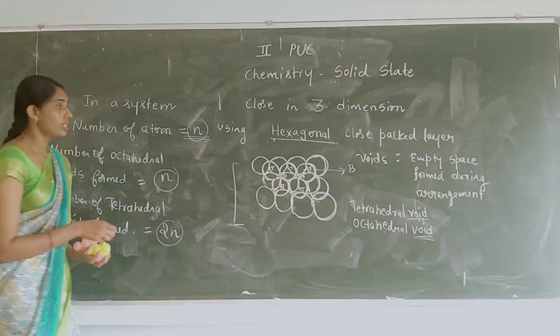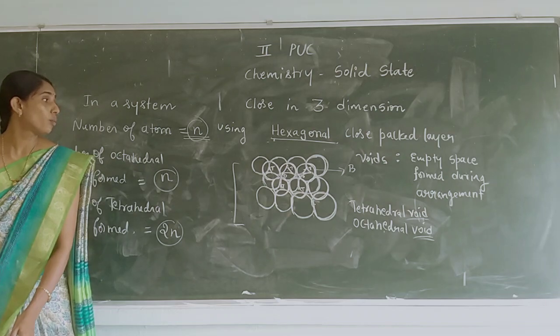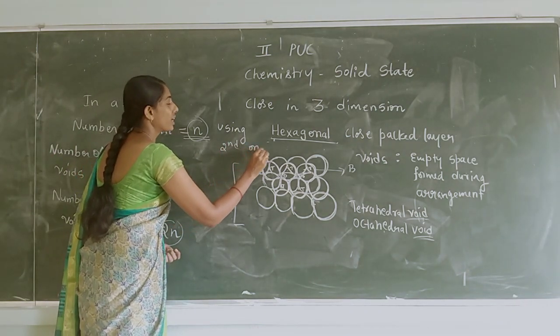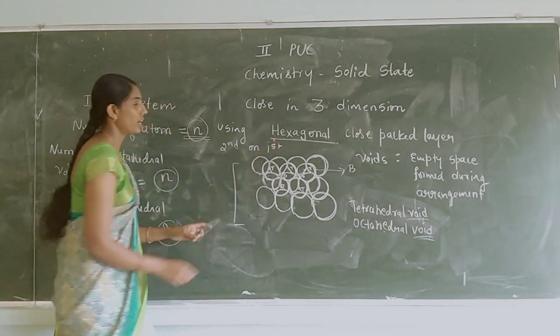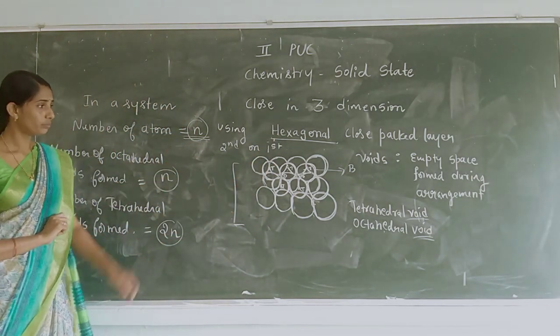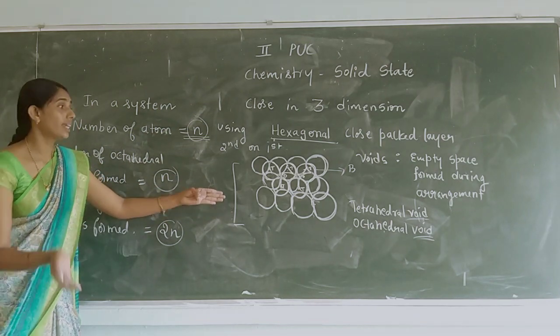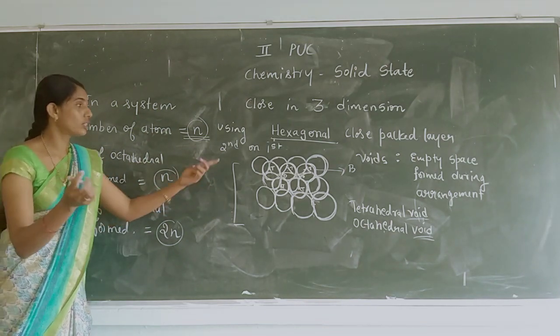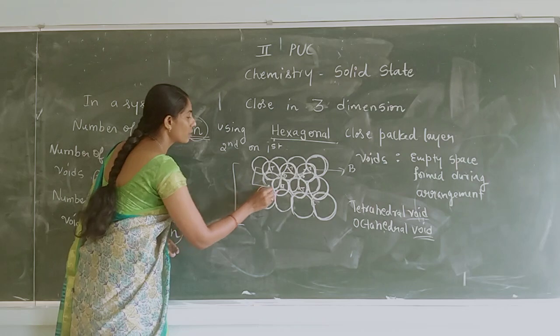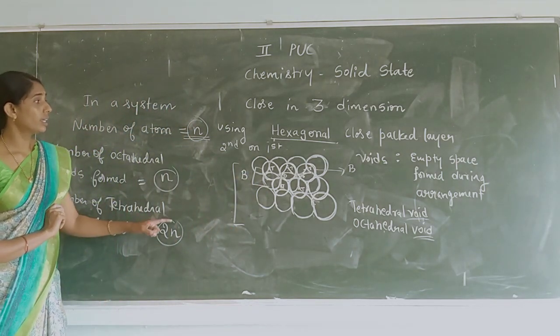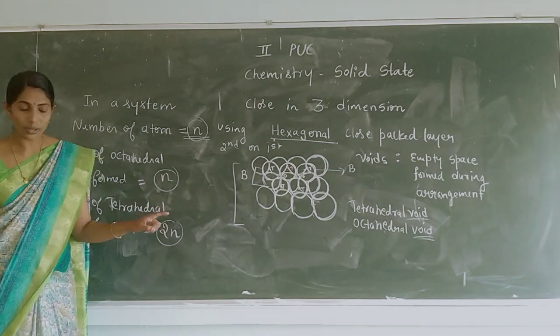Okay, so this is a possibility when you place the second layer on the first layer. When placing the second layer on the first layer there are that many possibilities. I can consider the first layer and the second layer as different, so I will consider this layer as B. Now, what is the possibility if you place the third layer over the second layer?